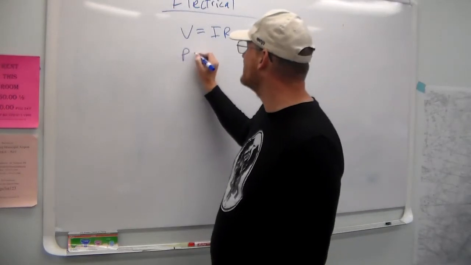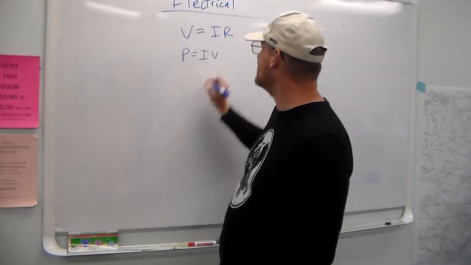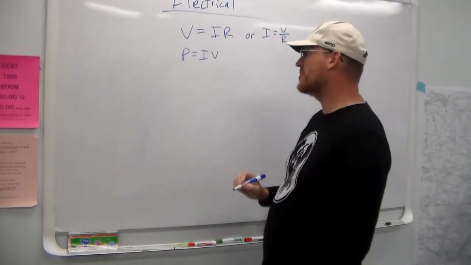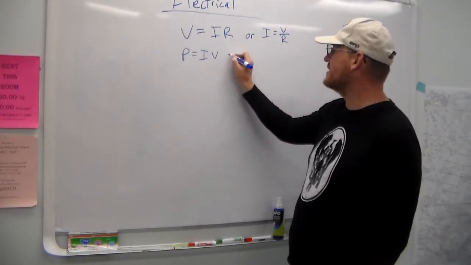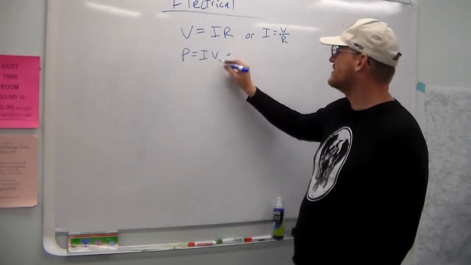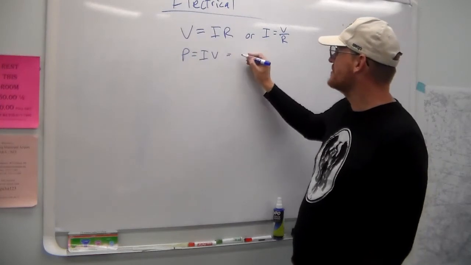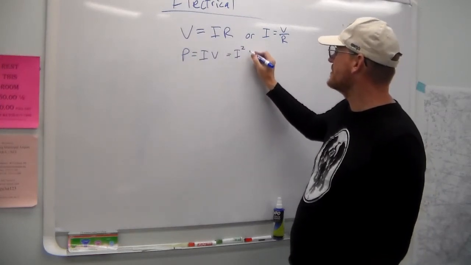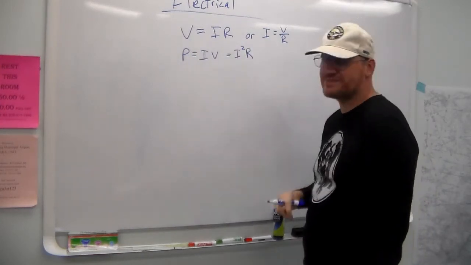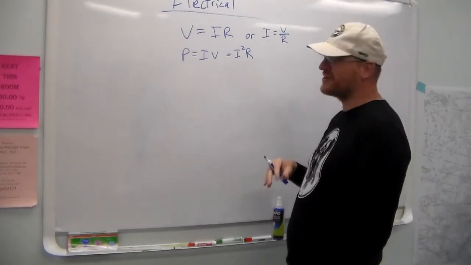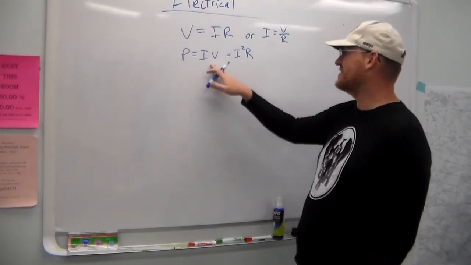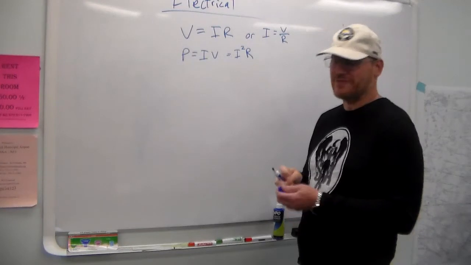So power is current times voltage, or you can rewrite that, substituting here, as I squared R. There's more than one way you could write this, but these are two ways that you can write it.